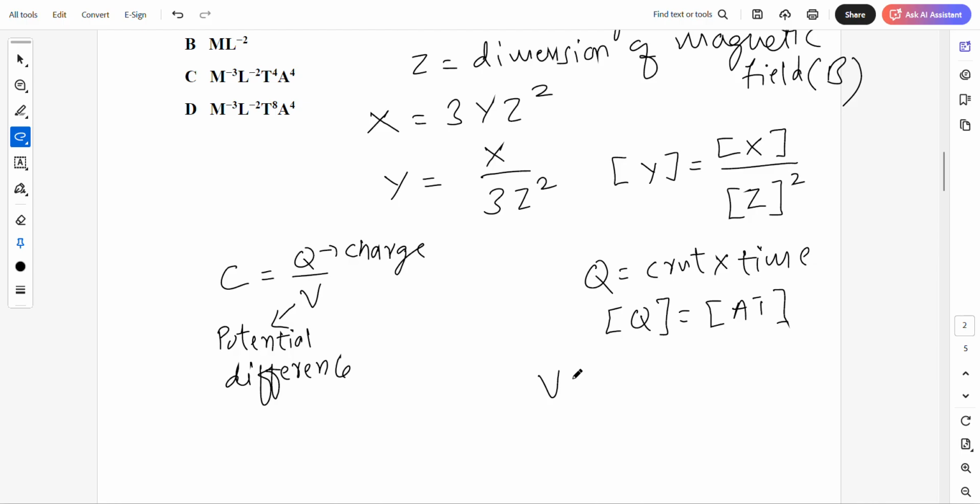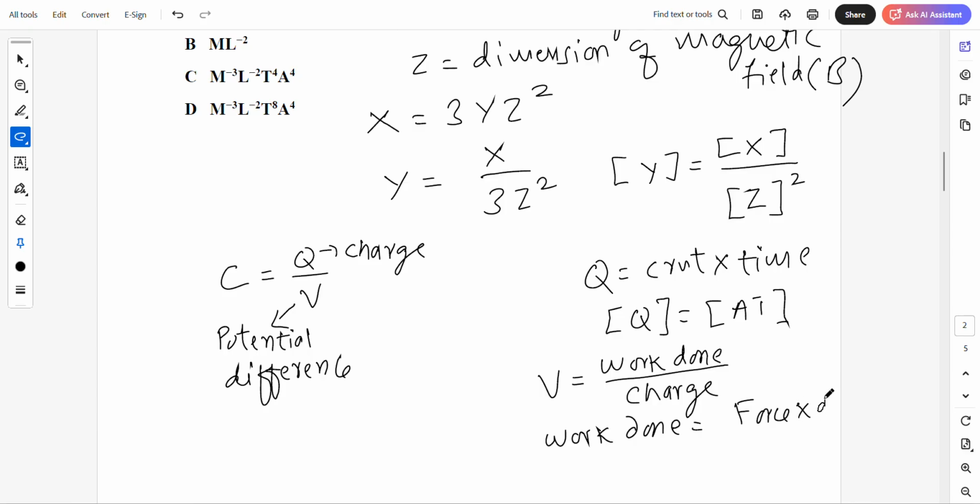Potential difference V is equal to work done by charge. What is work done? Work done is equal to force into displacement.